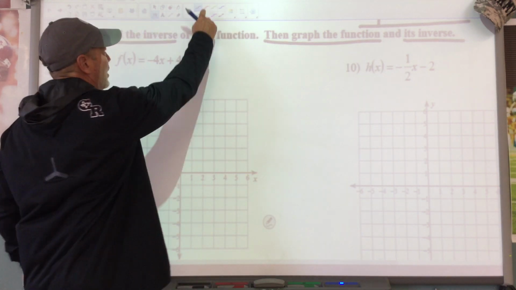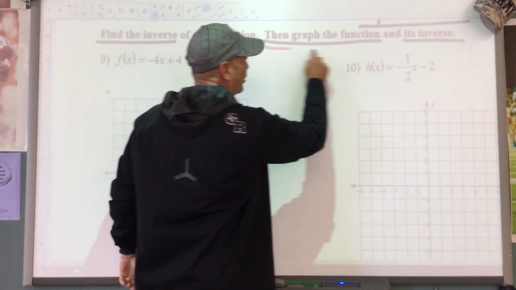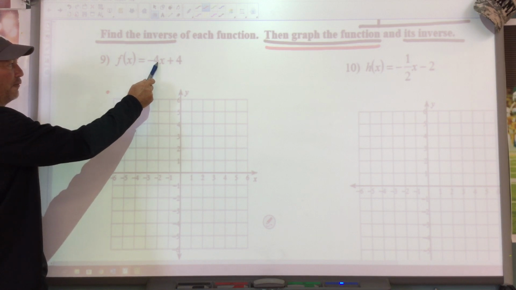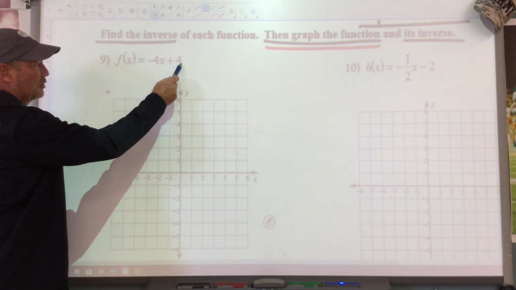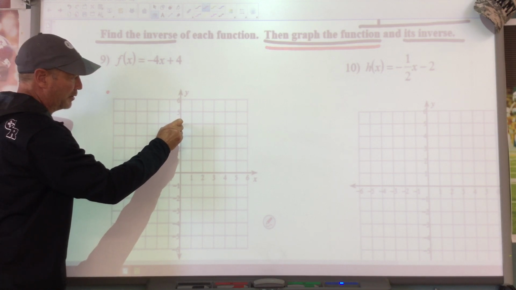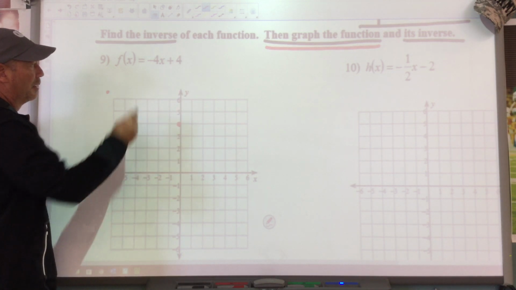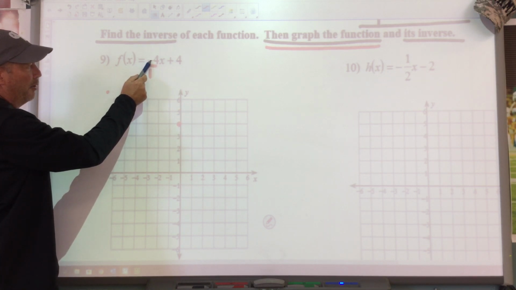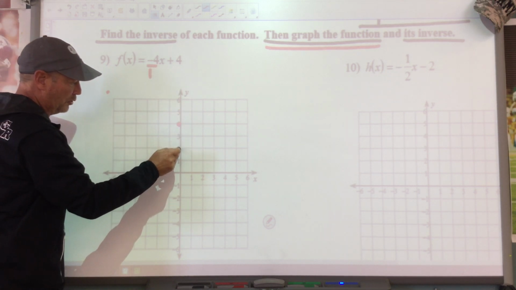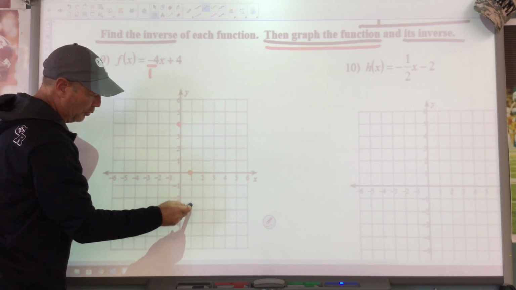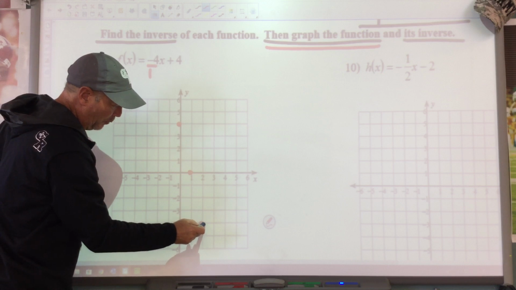We're going to start out, I'm going to ask you to graph the original function. If we're going to graph the original function, I'm going to ask you to start with the y-intercept. So we're going to put a dot right here at the y-intercept at 4. Our slope says to go down 4 to the right 1. 1, 2, 3, 4 to the right 1. 1, 2, 3, 4 to the right 1.